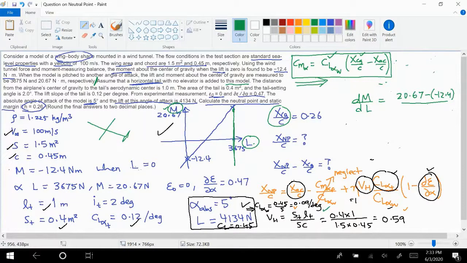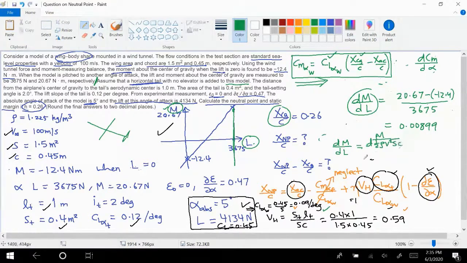That's going to be 3675, right? So I'm going to write dM/dL is equal to dM divided by half rho v square S c, over dL divided by half rho v square S c, right? So I'm just dividing the numerator and denominator by half rho v square S c.